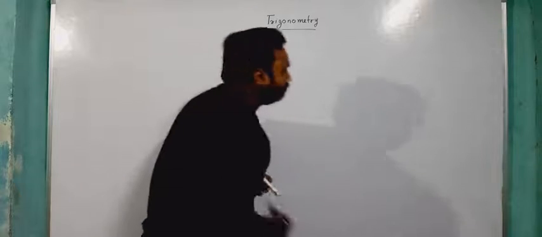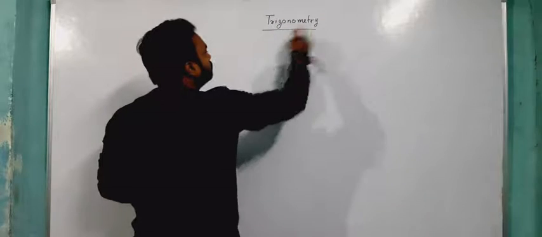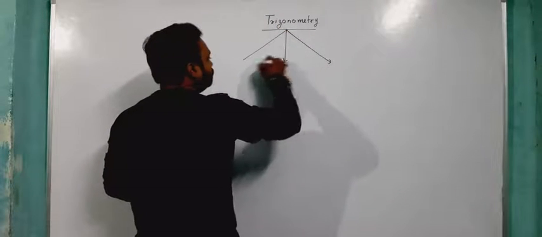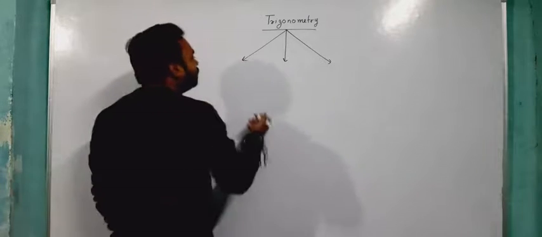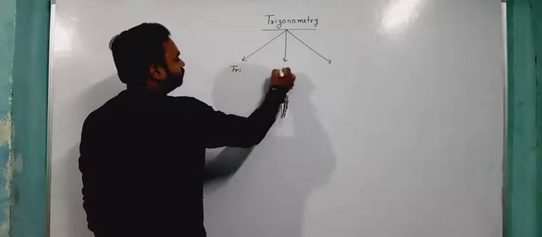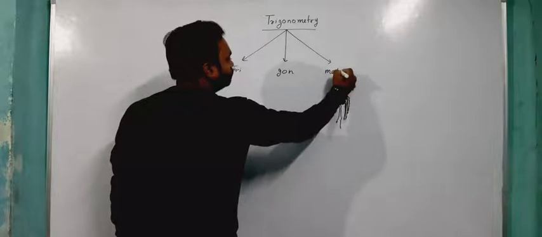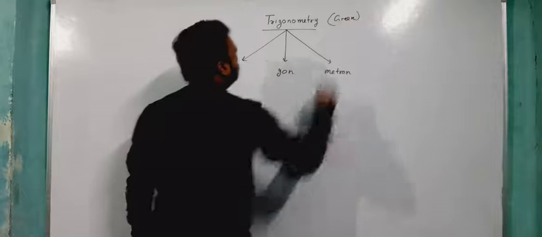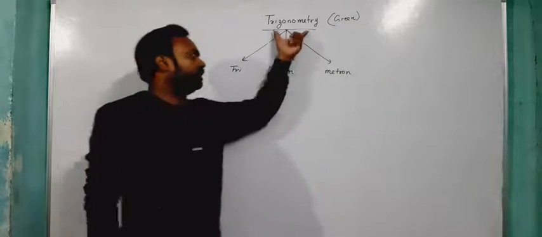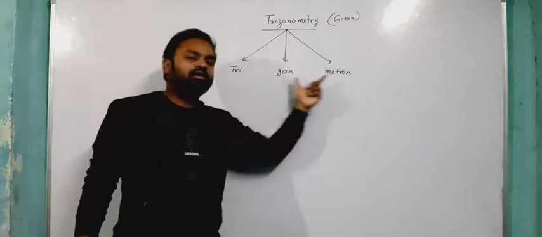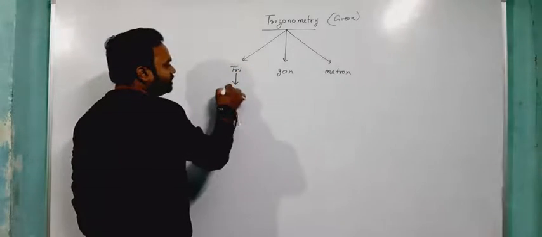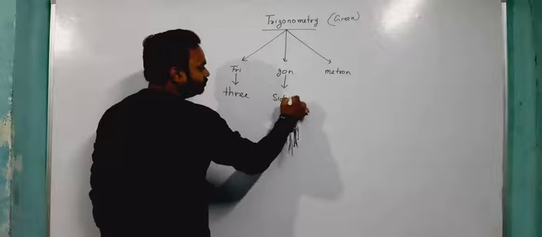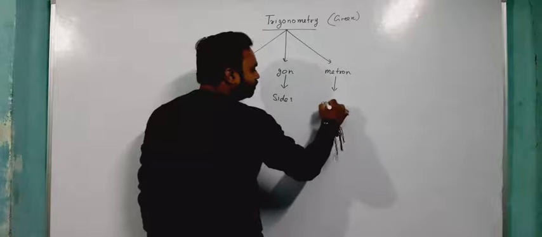If you are talking about trigonometry, trigonometry is derived from three Greek words, trigonometron. Tri means three, gon means sides, metron means measurement.